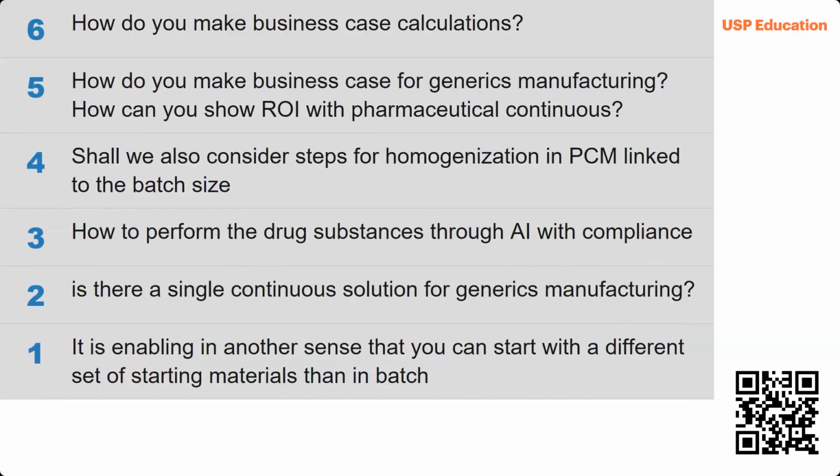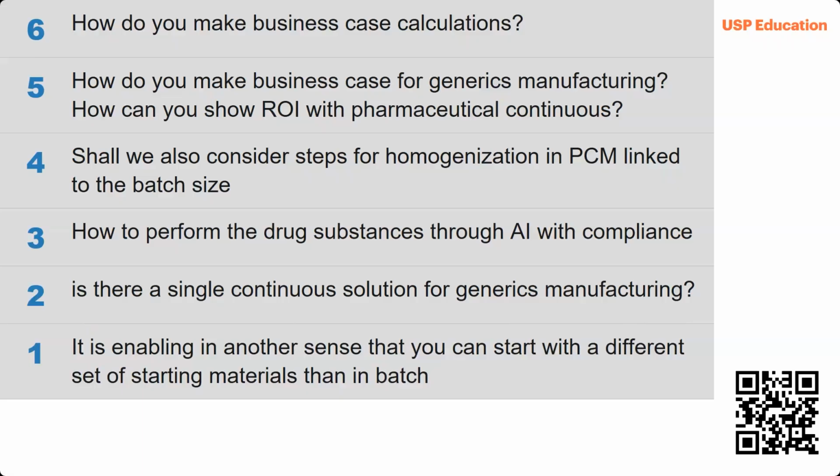But I would say, also capturing the second question right after that, when you do this business case assessment and comparison of products, it doesn't matter if this is a generic or not. It is about the value of the product versus the volume of the product.